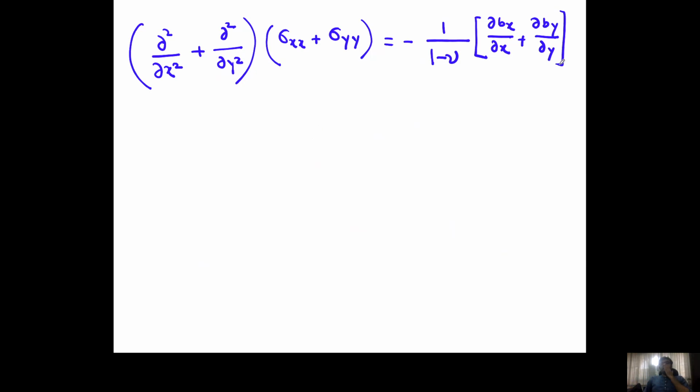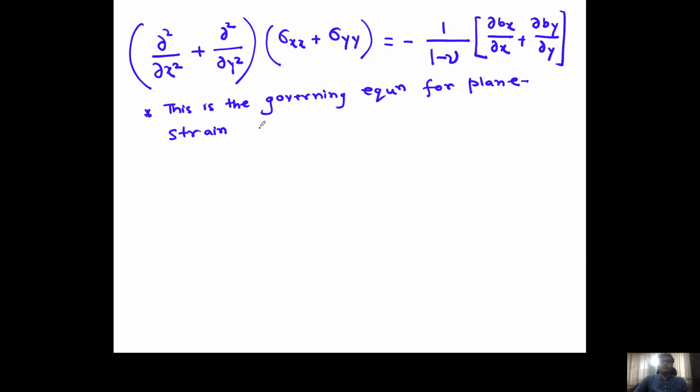And this equation clearly is different from the equation that we got in case of the plane stress condition. So this is the governing equation for the plane strain condition, right? So this is the governing equation for the plane strain condition.